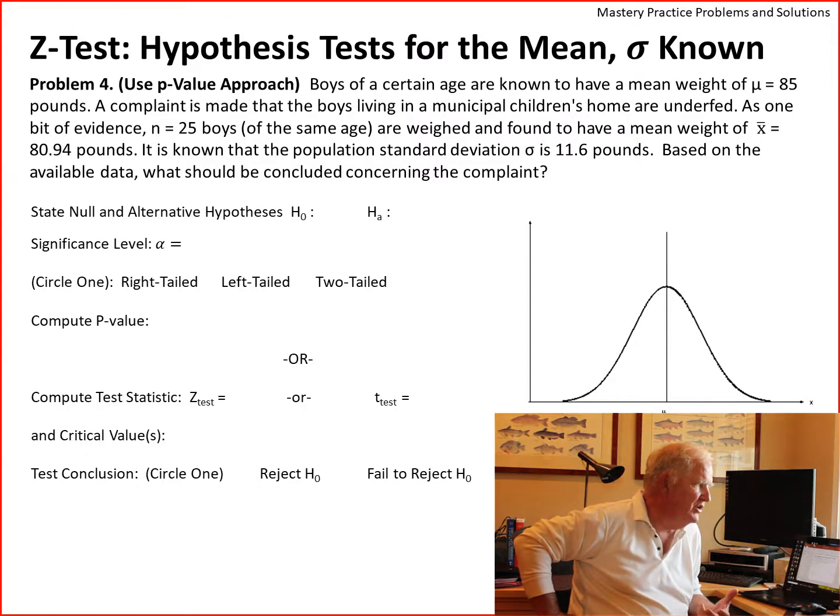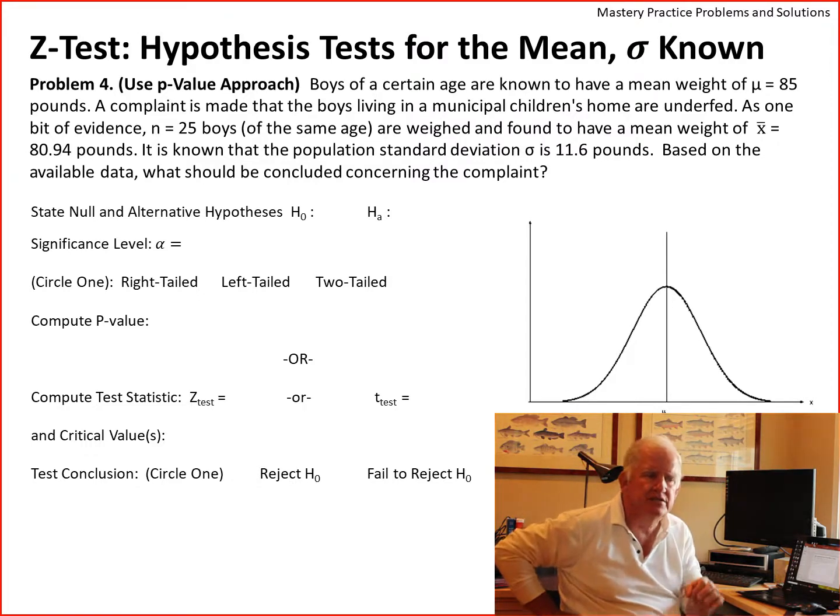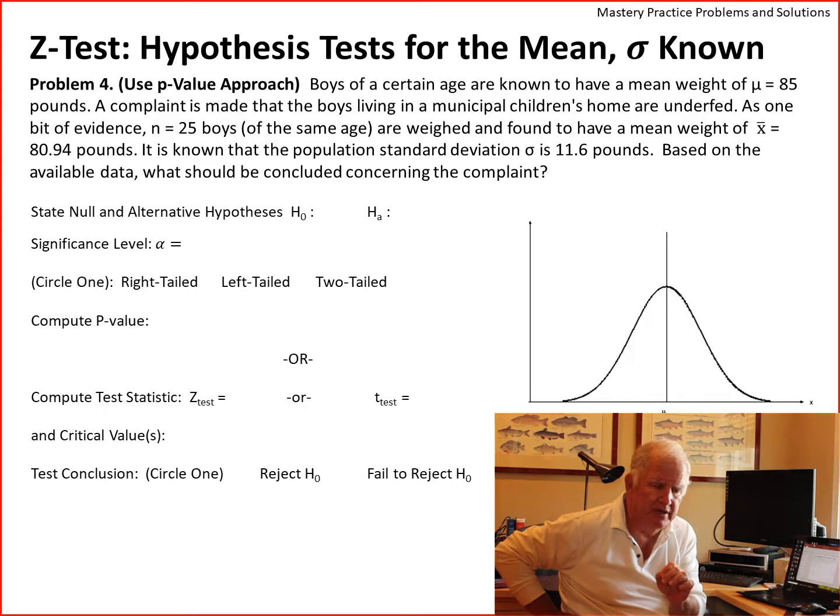And then we're going to calculate a p-value, which is, get this, the probability associated with the sample, the 80.94. What's the probability that we would reach into the sampling distribution associated with this problem and pull out 80.94?